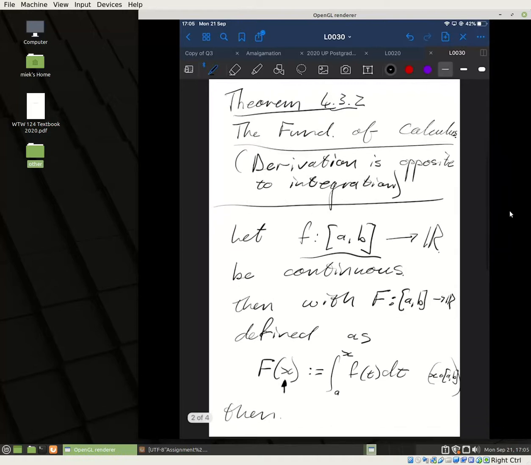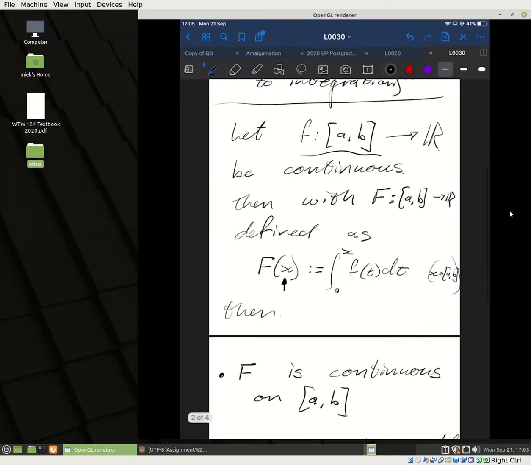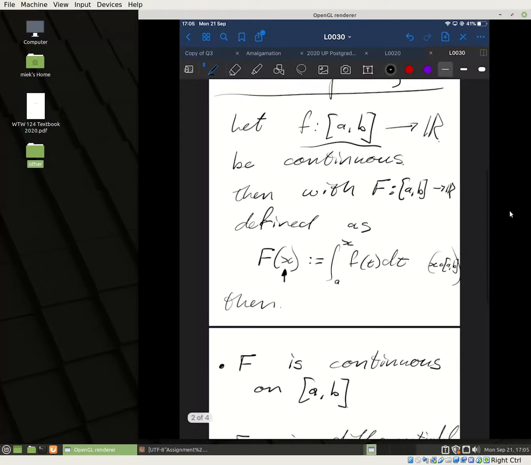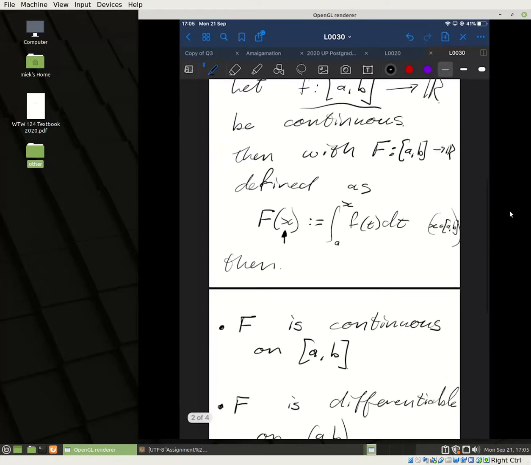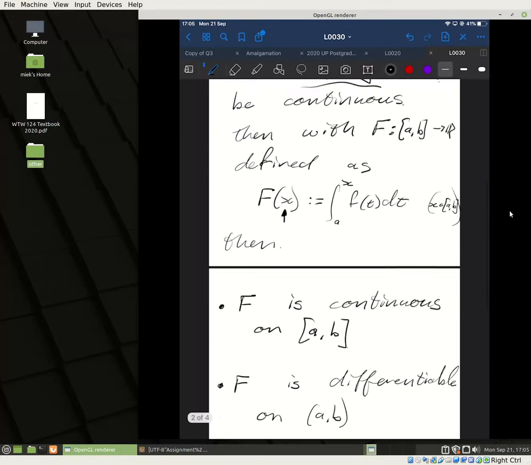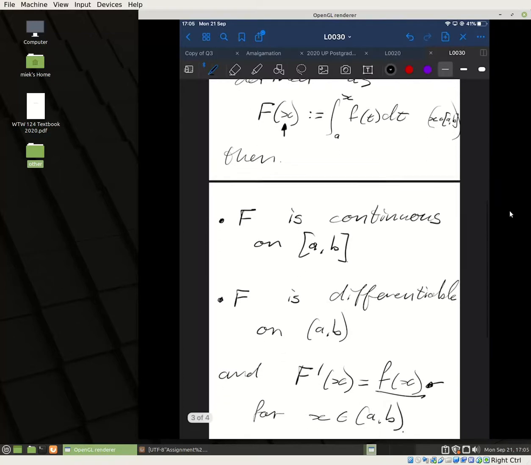Okay, so now we will set out to prove theorem 4.3.2, the fundamental theorem of calculus. So let's just read this theorem again. We have a continuous function, little f. We define big F as this integral with little f as integrand.